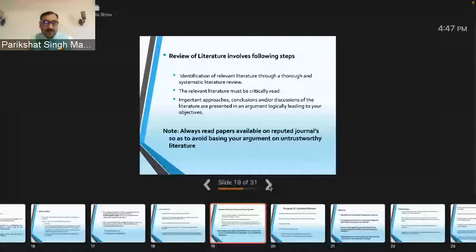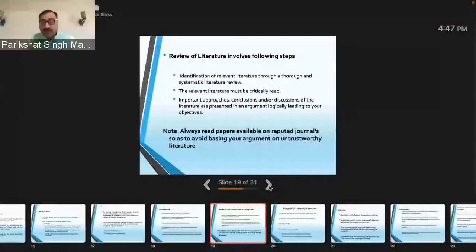What was going on in the mind of the author who's writing this research, or what was going on in the mind of the research team which was writing this research. So that is a very important aspect which should be understood.